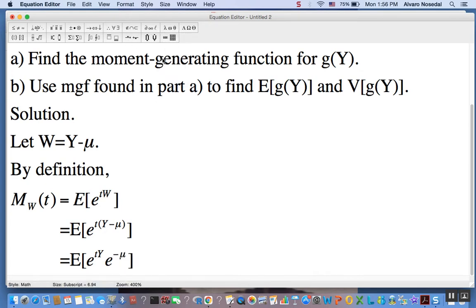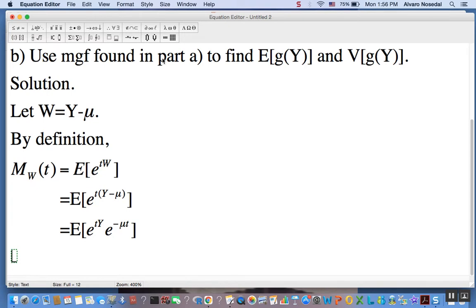Agreed? Right? Same thing. Okay. Now let's just write this down.